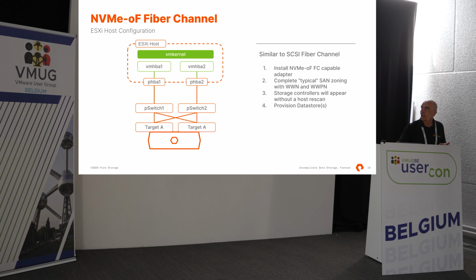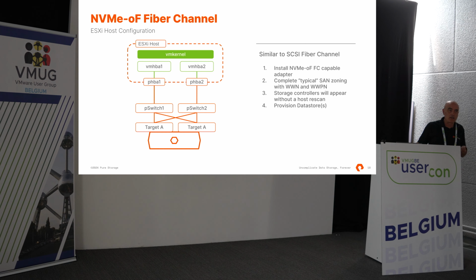For Fiber Channel, again, no big changes with respect to the existing infrastructure. It is the switches that have to be properly supporting NVMe over Fabric, over TCP. The configuration is very similar to what you configure today for Fiber Channel.